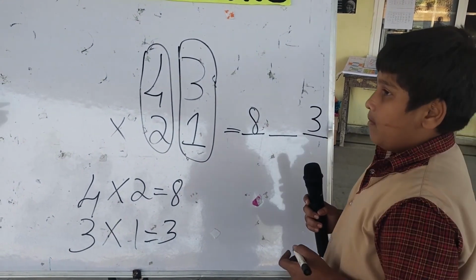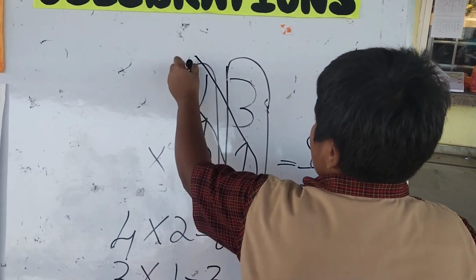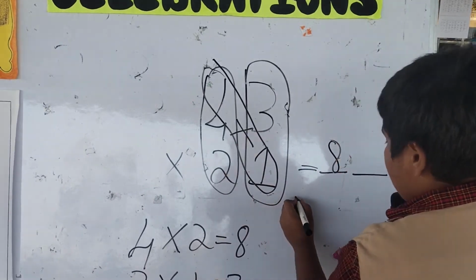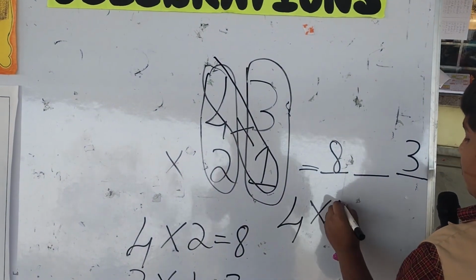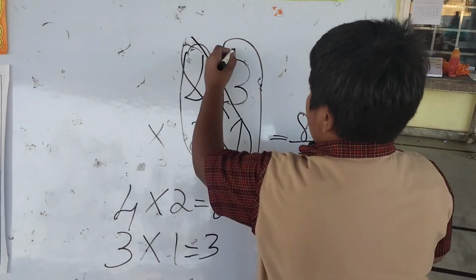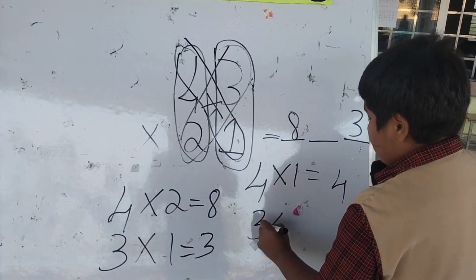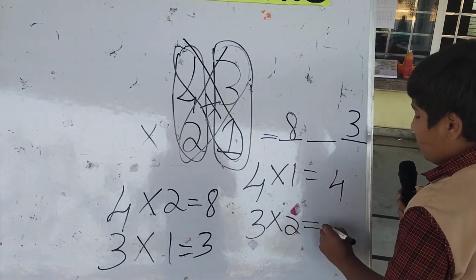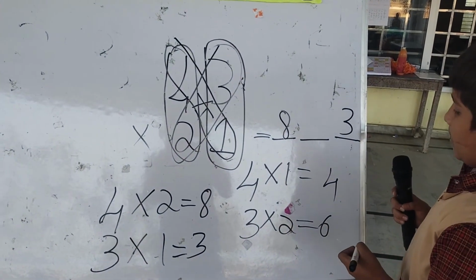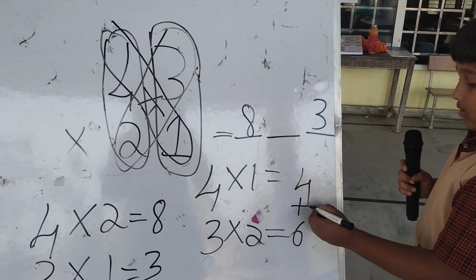Now, cross multiply them. 4 into 1 is equal to 4 and 3 into 2 is equal to 6. Now add 4 and 6, which is equal to 10.